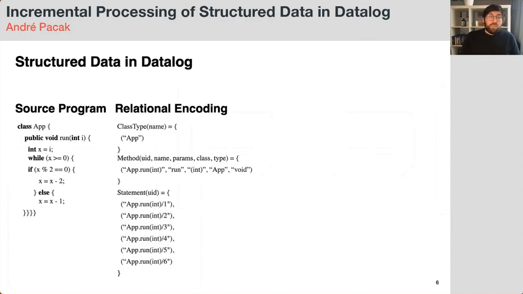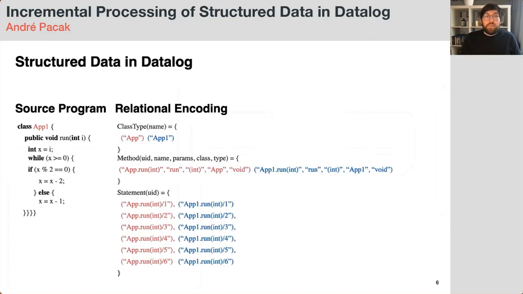We encode the source program we've seen earlier with the naive encoding and consider the same changes we've already seen. The first change updates the class name from app to app1. This means that in the relational encoding, we now need to delete every fact that depended on the class name.